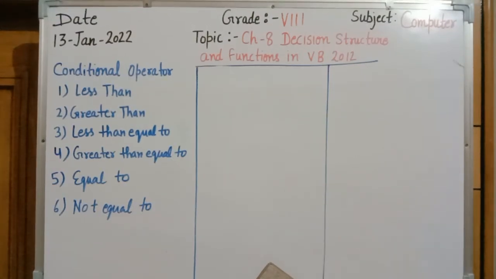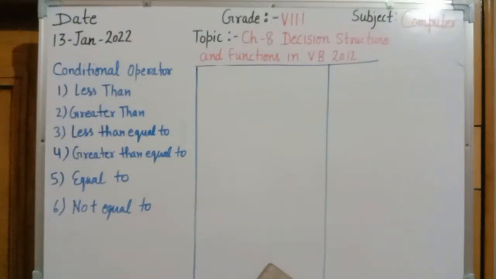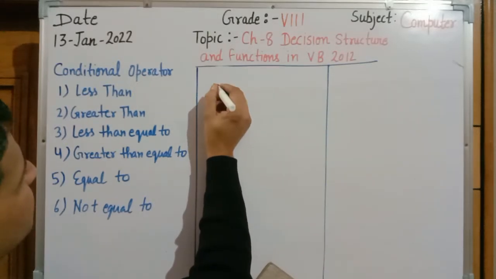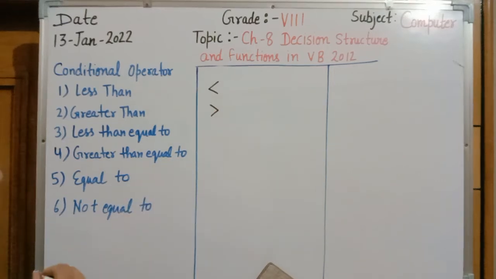The first type of operator that we are discussing is the conditional operator. Conditional operators can be less than, greater than, less than or equal to, greater than or equal to, or not equal to. Which symbol will we use for less than? Everybody knows it is the less than sign. For greater than, it is the greater than sign.